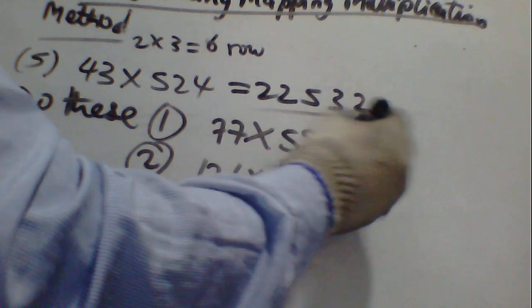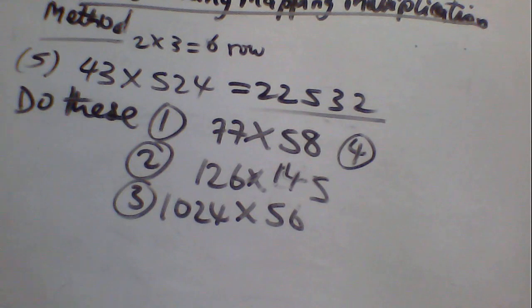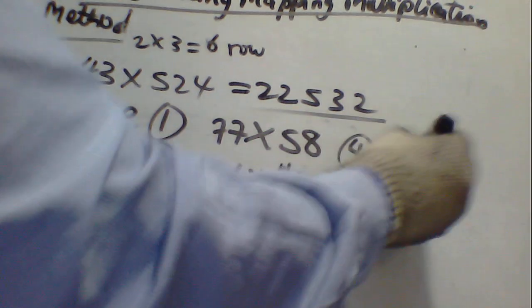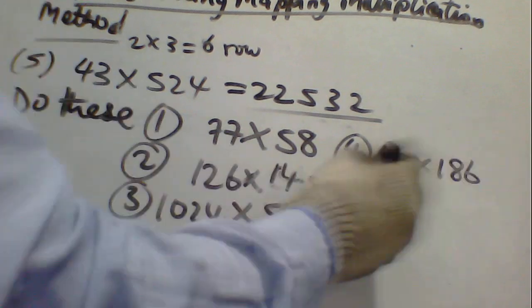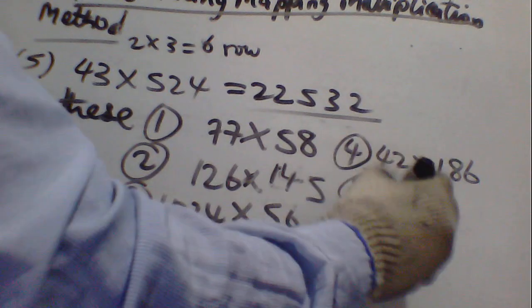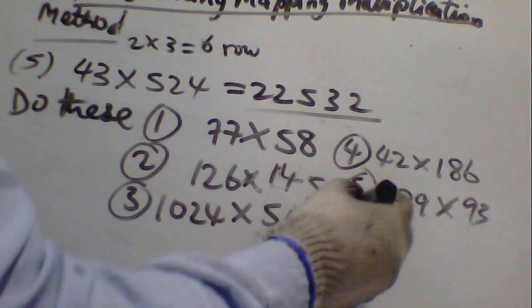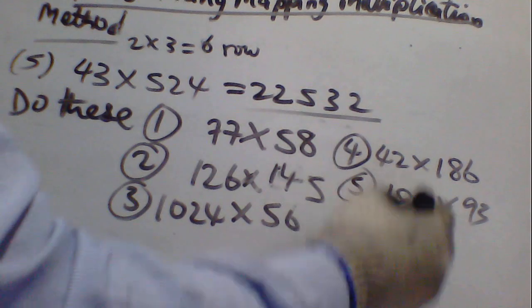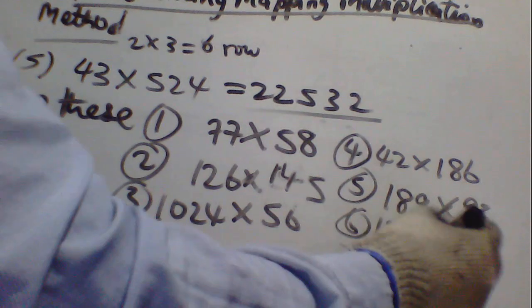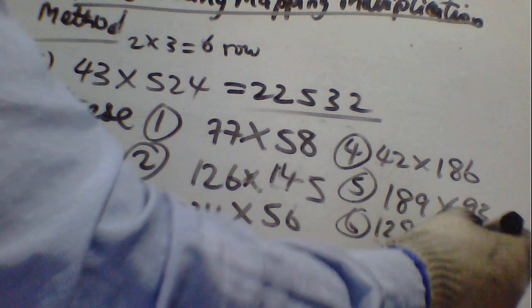Then the fourth one, the fourth question here is 42 multiplying 108, 186. The fifth one is 189 times 93. And finally, there are 6 questions. 128 multiplying 392.